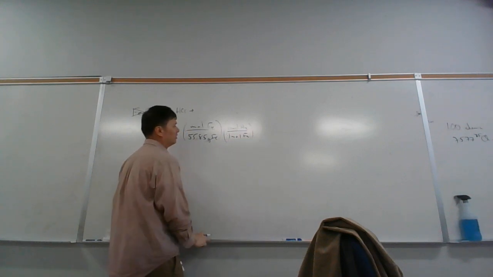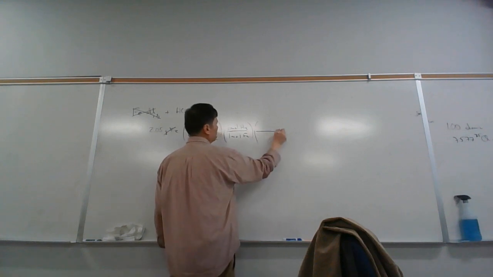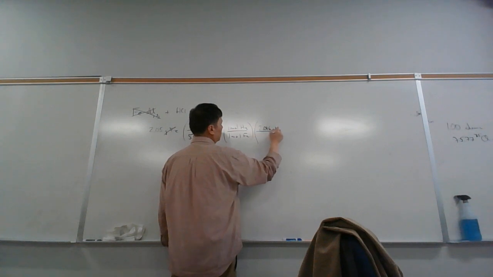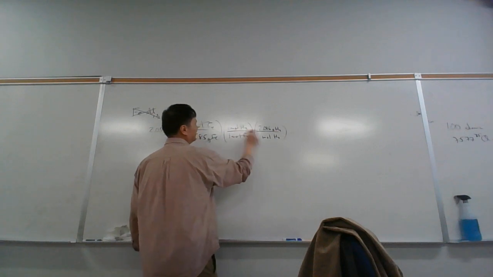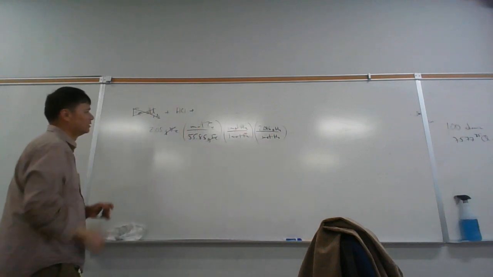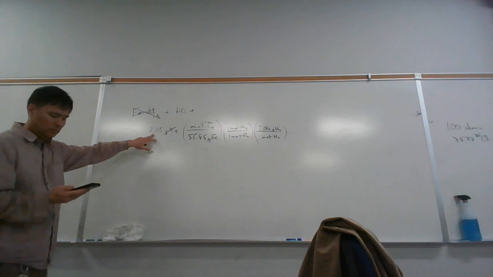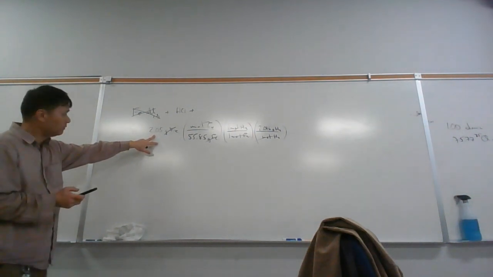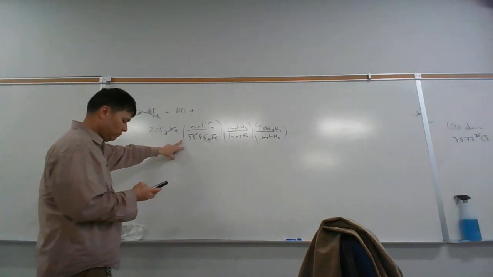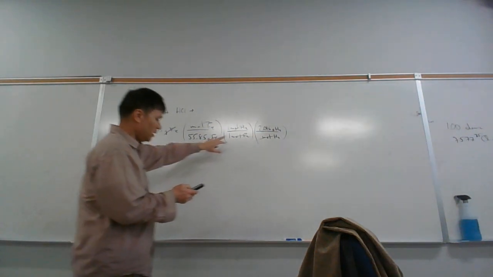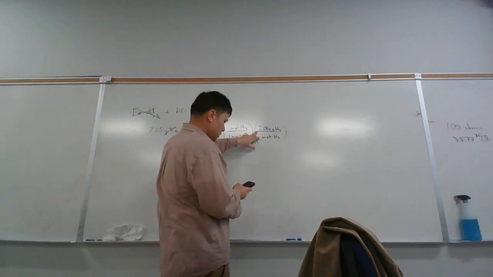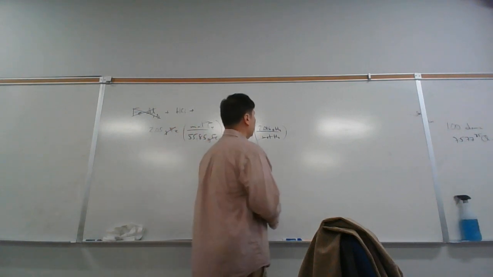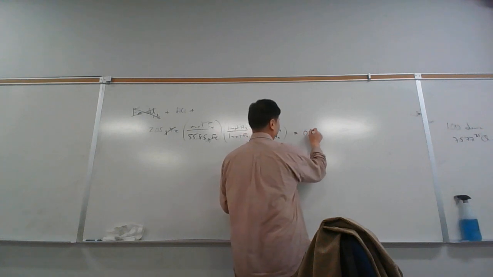And then 1 mole of hydrogen is 2.016 grams. Yeah, that's right. So let's see how many grams that comes out to. 2.05 divided by 55.85 times 2.016. You have 0.073? Yeah.